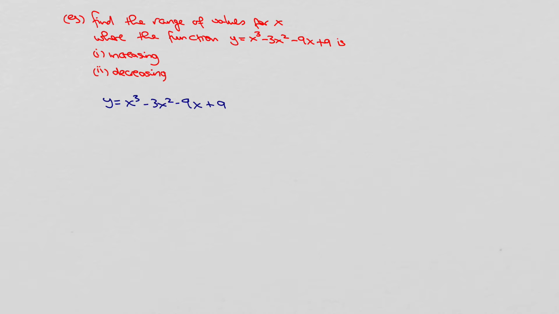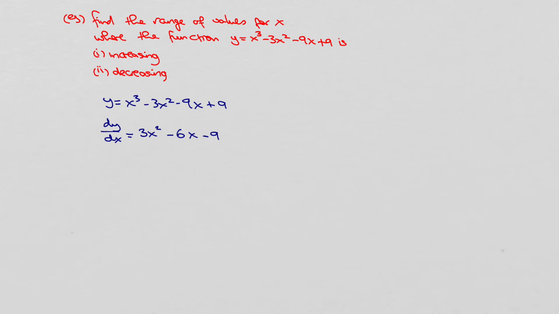and we differentiate. We're finding dy/dx. The derivative of x cubed: I bring down the 3 and take 1 away from the power. Minus 3x squared: bring down the 2, multiply by the 3 to give 6, take 1 away from the power. Then minus 9x differentiated is minus 9, and differentiating a constant always gives 0.